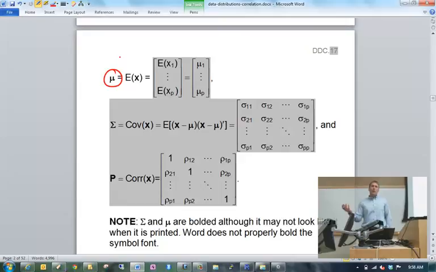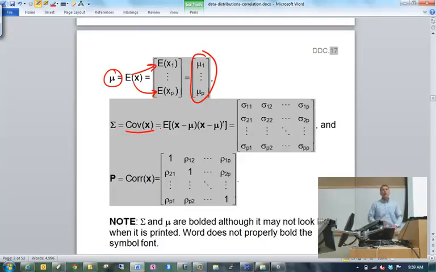The way that you work with expected values when you have a vector is you simply put that expected value into all the components of the vector. So you can see it's just all my means, mu1 through mu sub p. If I had the expected value of some kind of matrix, all you do is move that expected value into every single element of the matrix and take the expected value of that single element. That's how you work with expected values.